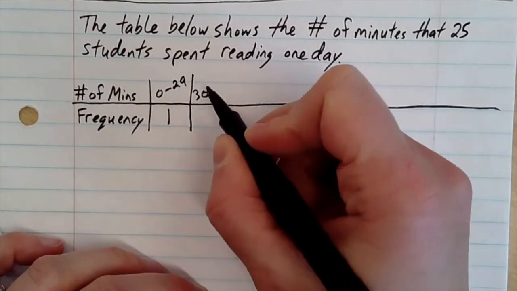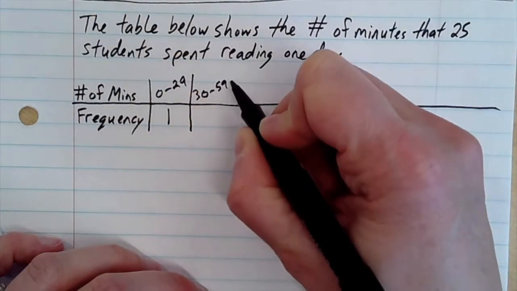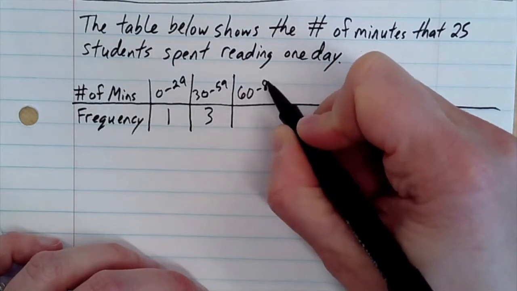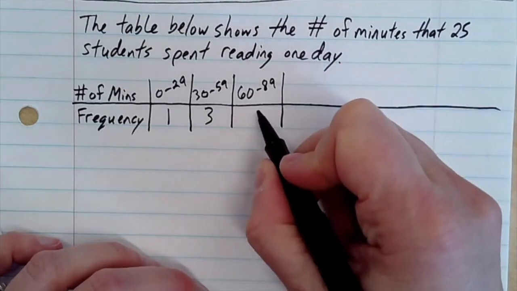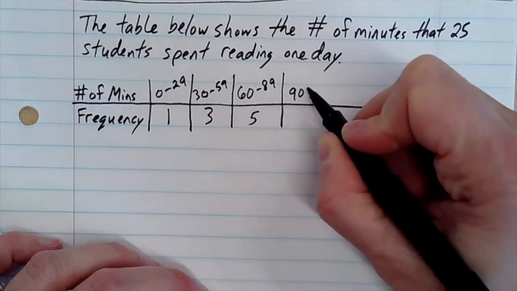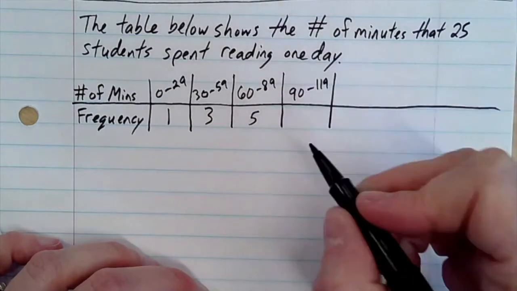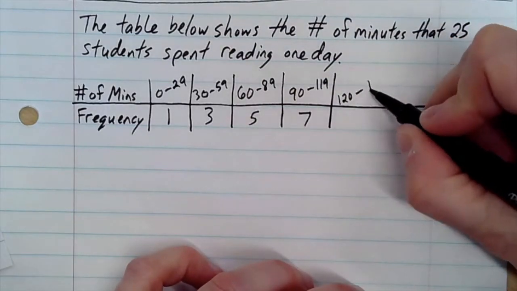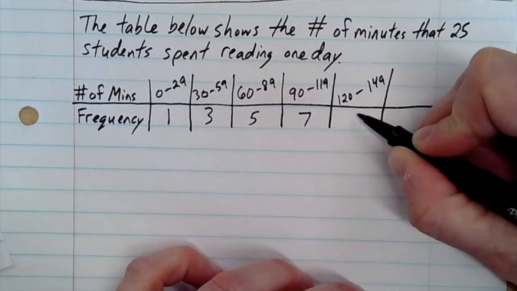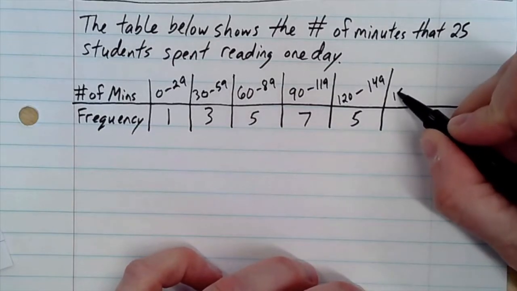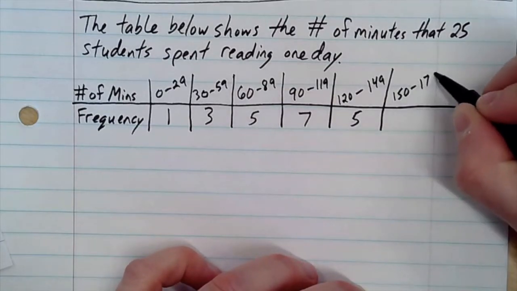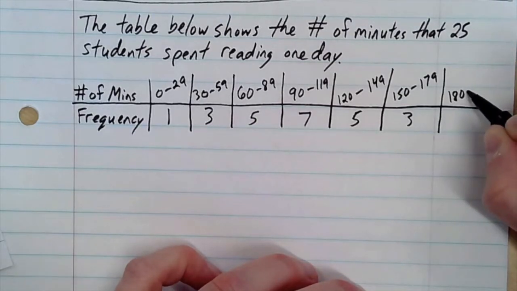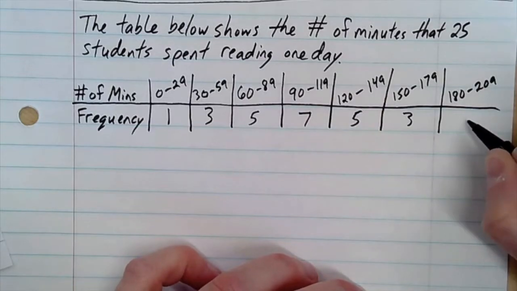Then we've got 30 to 59, that was 3. 60 to 89, that's 5. 90 to 119, that's 7. 120 to 149, that's 5. 150 to 179, that's 3. And then 180 to 209 was 1.